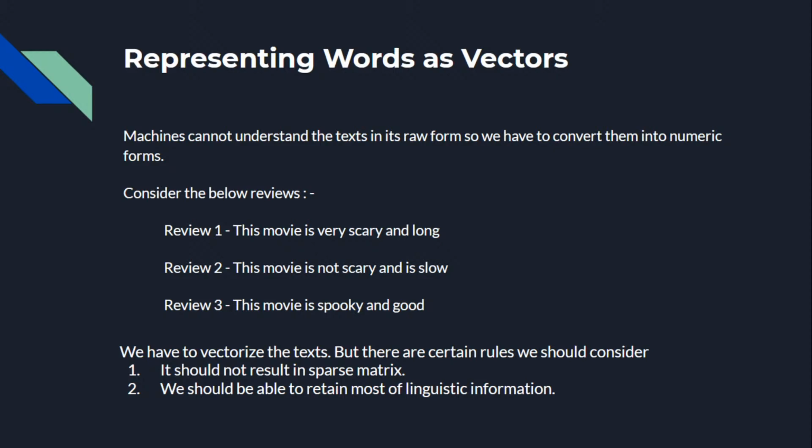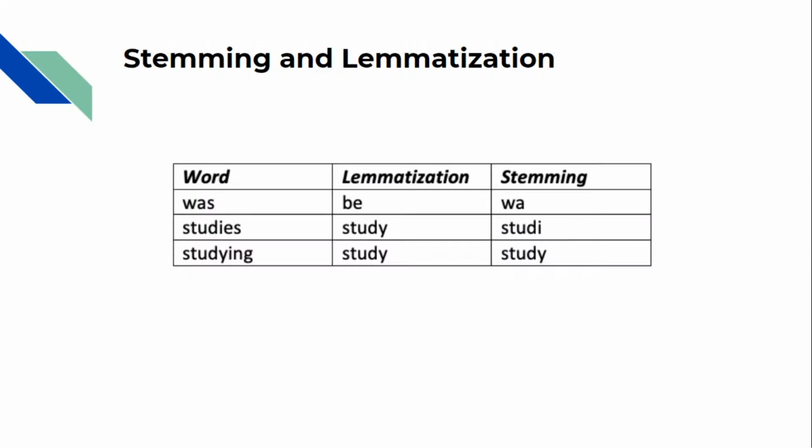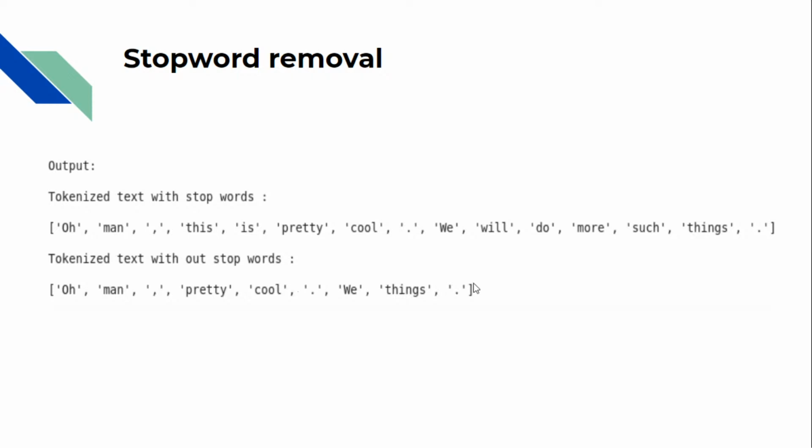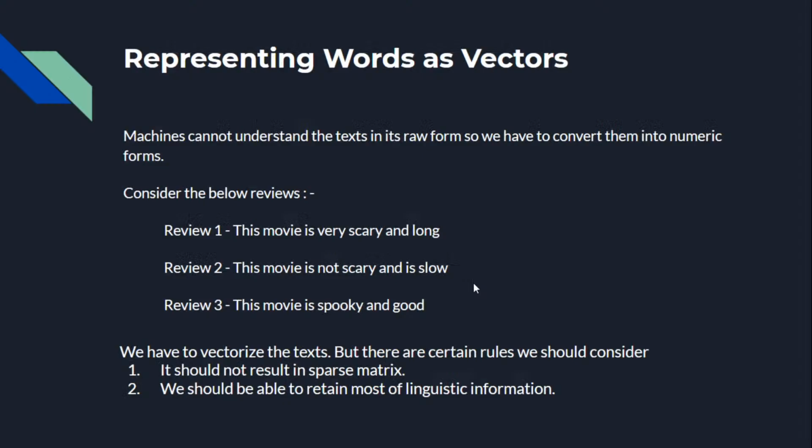If you give this simple data, let's consider this data, "oh man, pretty cool, we things, right?", this does not make any sense to the machine, because machines only understand numeric values. All the machine learning algorithms that we have only understand numeric values. So we have to represent all the words in a numeric form.